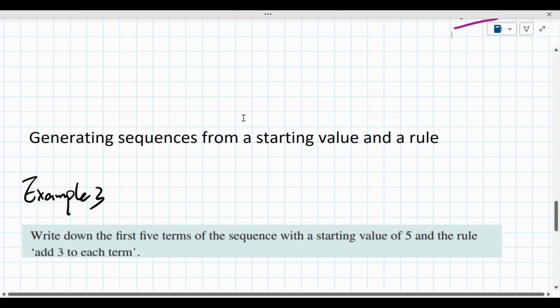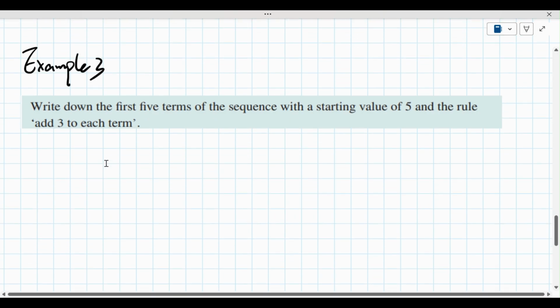Generally, a sequence is made from a start value and a rule. Now we're going to use these rules and calculate by ourselves. Let's have a look at this first question. Write down the first 5 terms of the sequence with a starting value of 5. The rule is adding 3 each term.